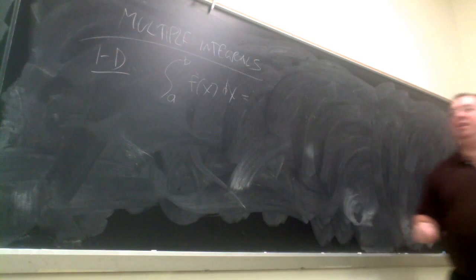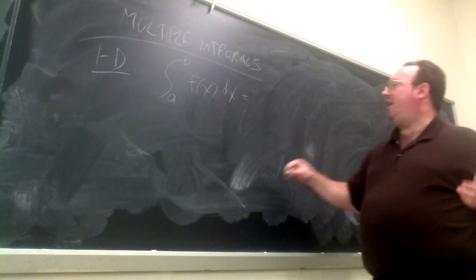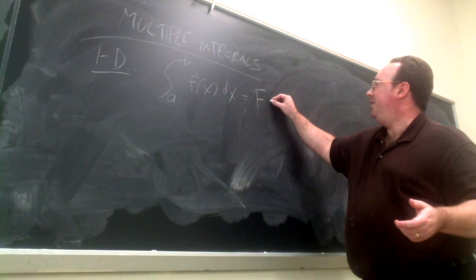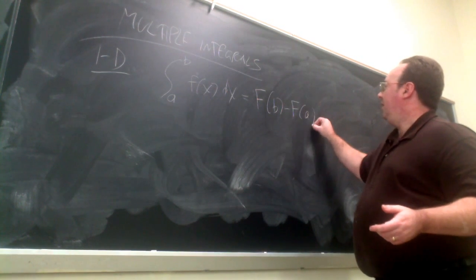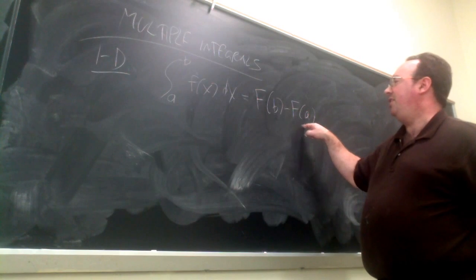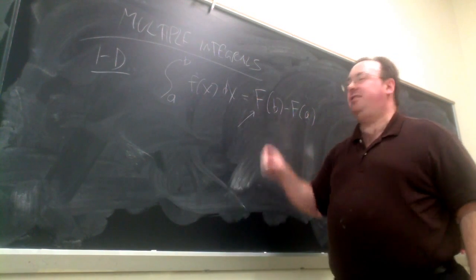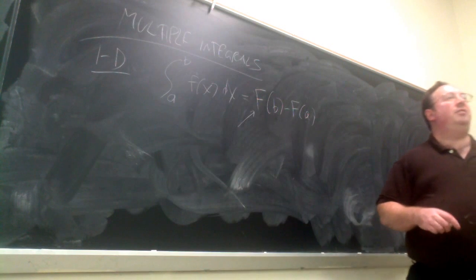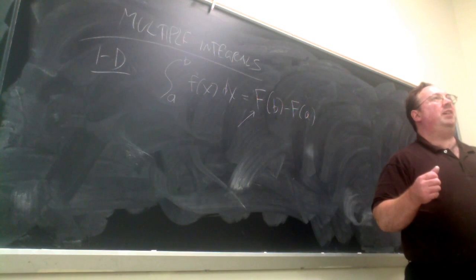So for general f of x, you need to define a function which I'll call big F. And you plug the endpoints a and b into it, and subtract. But this function big F, what do we call this? Function big F is a what of little f from Cal 2?